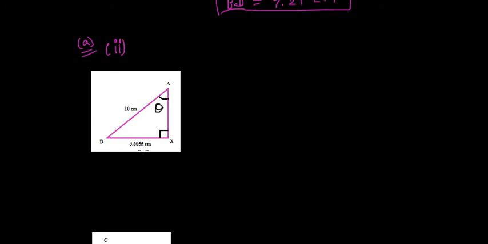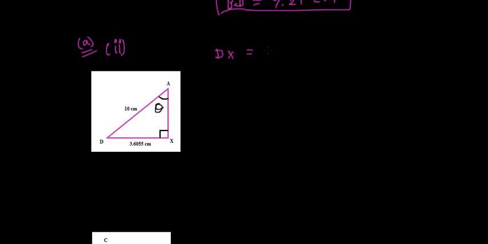Now if you see in this triangle, we have the opposite side, which is DX, which is half of DB. DB is the diagonal which we obtained in the first part, just previously, which came to around 7.21. So first of all I have to calculate DX.